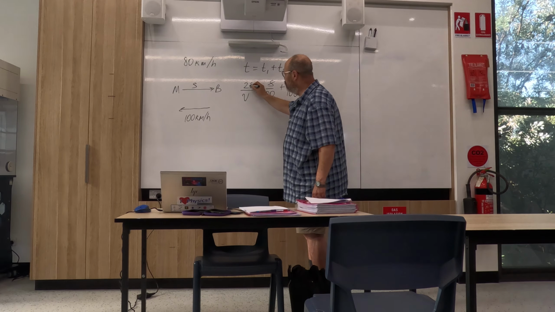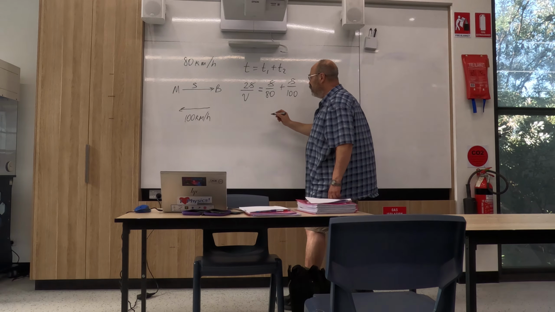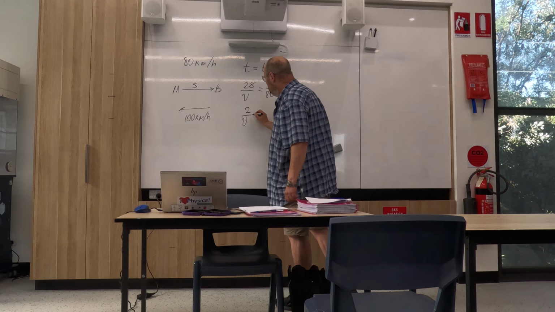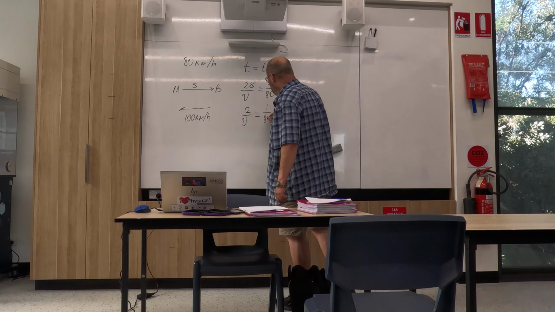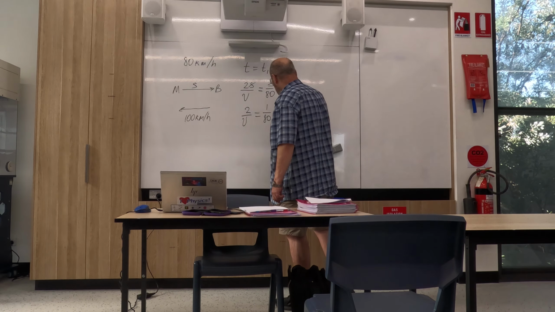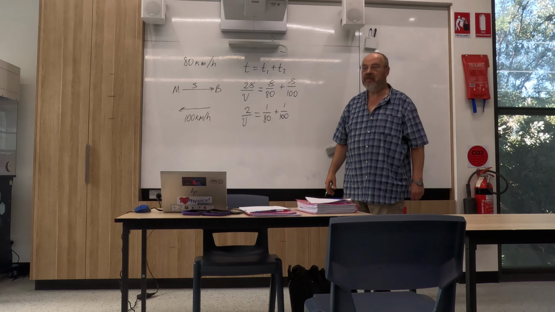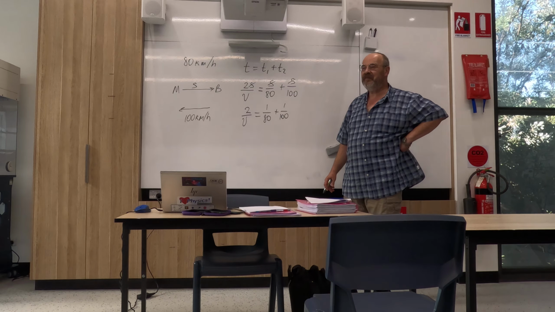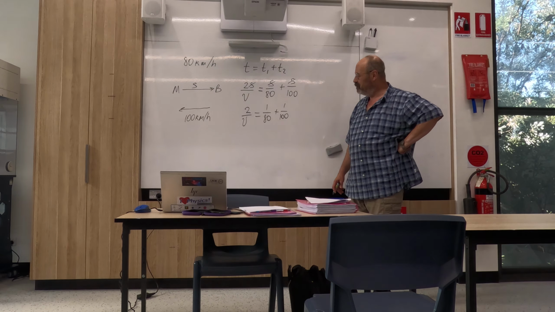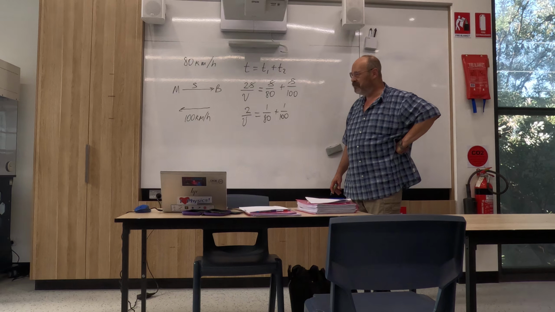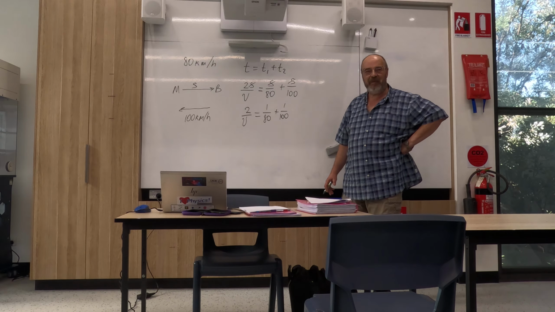S cancels out, and we have 2 on V equal 1 on 80 plus 1 on 100, which you can solve and tell me what the answer is. You can do it on the paper.